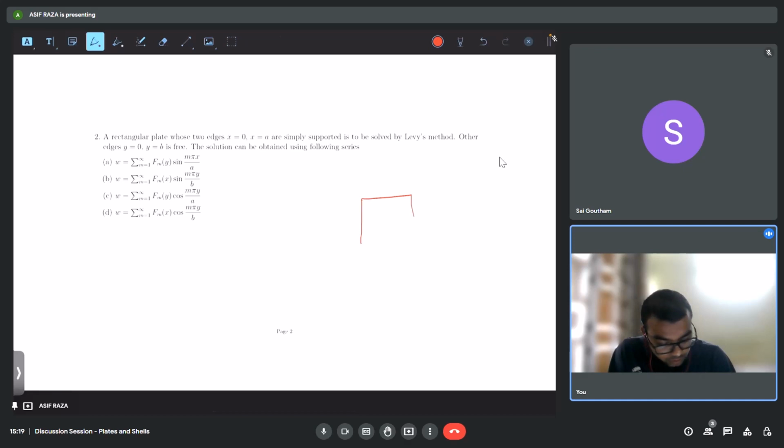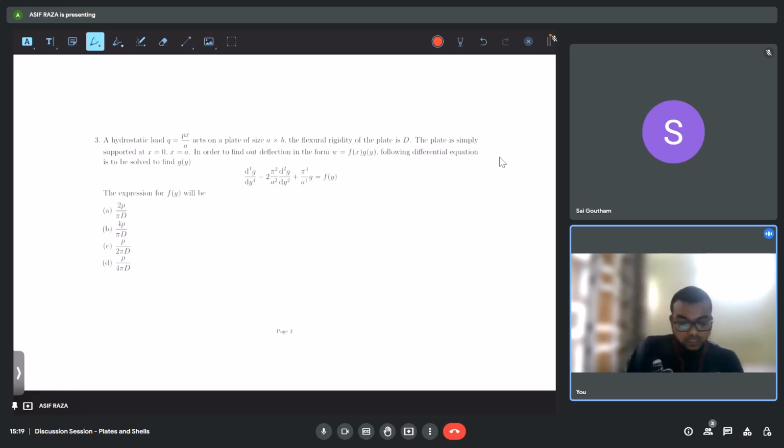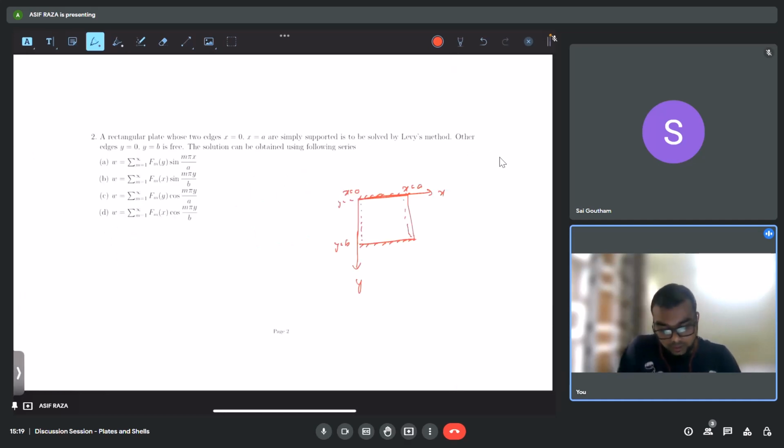So the given condition is, if I take this as x and this as y, that at x equal to 0 and at x equal to a, it's simply supported, while at y equal to 0 and y equal to b, it's clamped. So this can be solved by Levy's method.